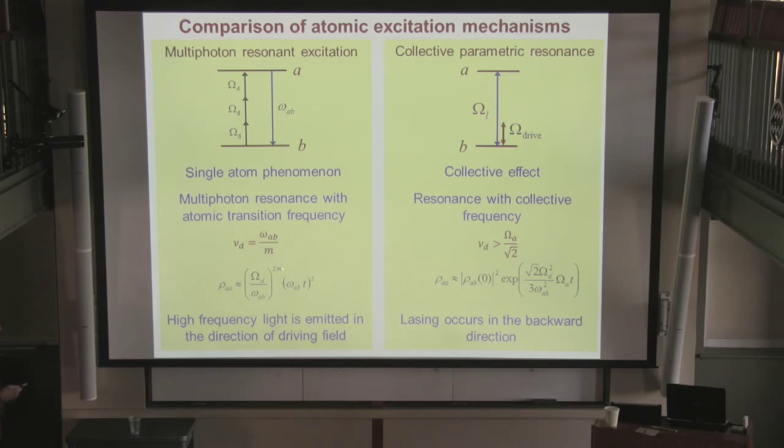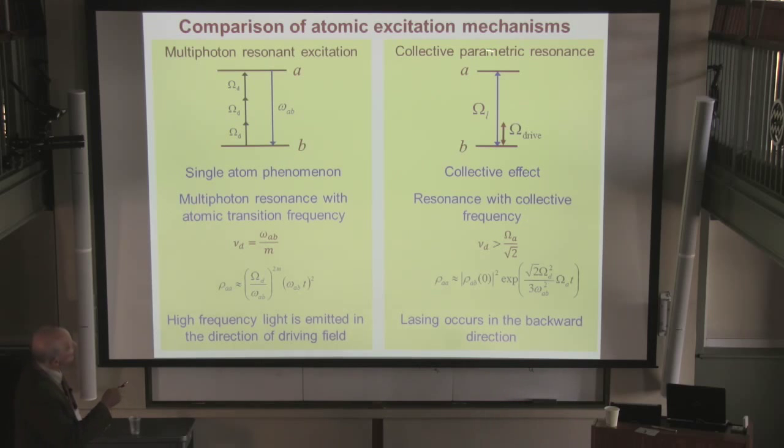So for M absorbed photons, here M is 3, I have the ratio of the drive Rabi frequency to the atomic frequency raised to the 2M power times omega AB t. So this is just every textbook result, and it's intuitively quite reasonable. This is a small number, very small number for most experiments, but not so small for experiments that we're doing now both at Princeton and at Texas A&M. Okay, this is the old stuff.